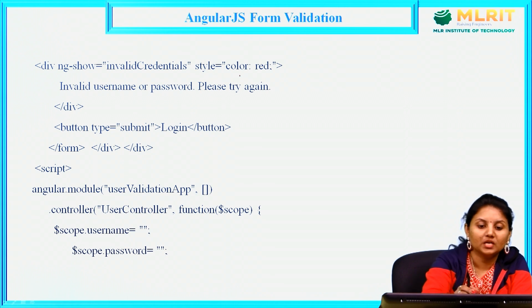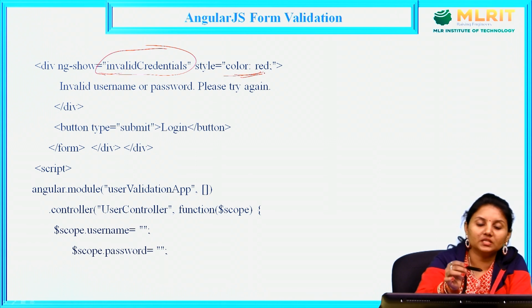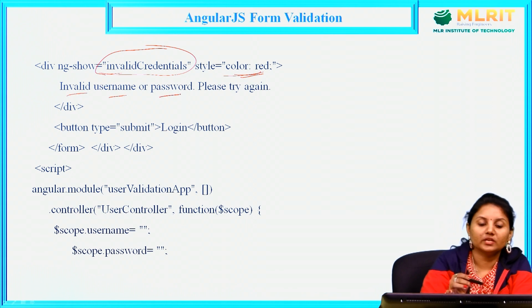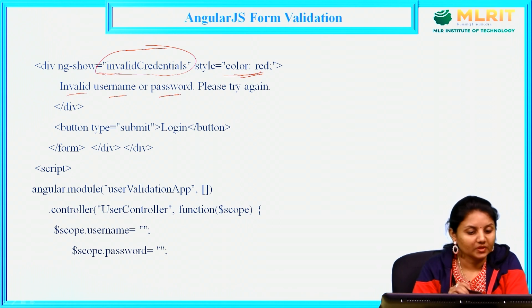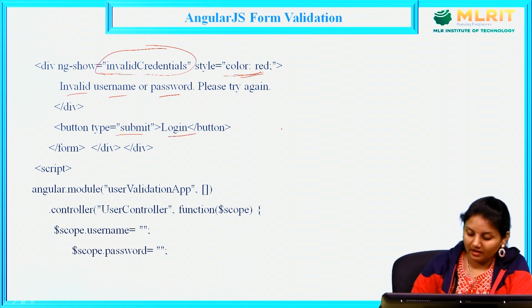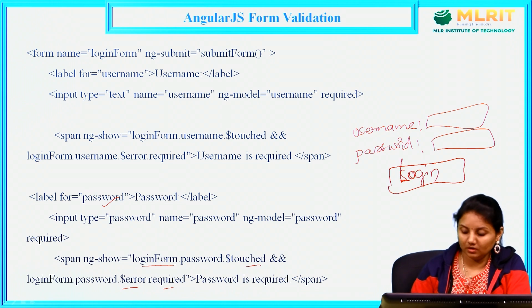With style color equals red, when there is an invalid credential, it displays in red font: invalid username or password, please try again. Then input type equals submit, login. You will have a submit button here, the login button.